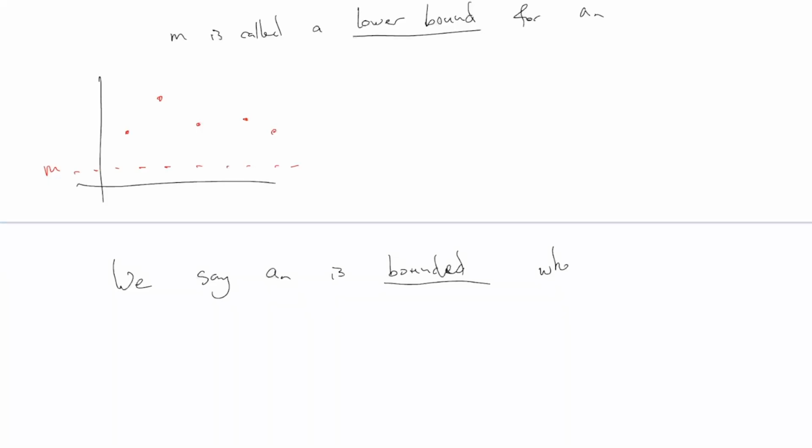We say a_n is bounded when it is bounded above and below. All right, and that means there's sort of like one big number and one small number so that the sequence is always in between those two numbers. That's called bounded. All right.